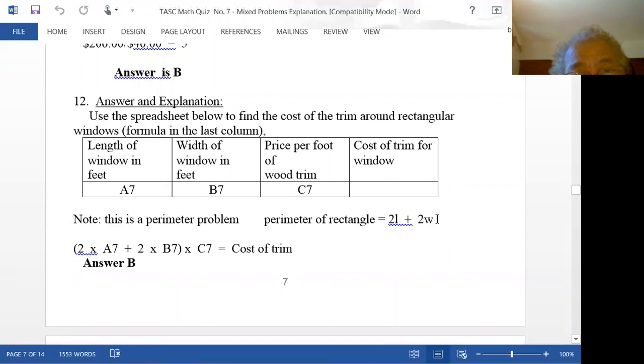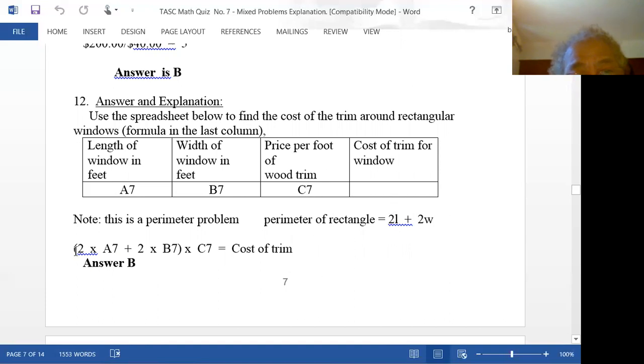Okay, so if we do this in feet, and we know what it costs per foot, we can multiply the sum of these two by the price per foot.